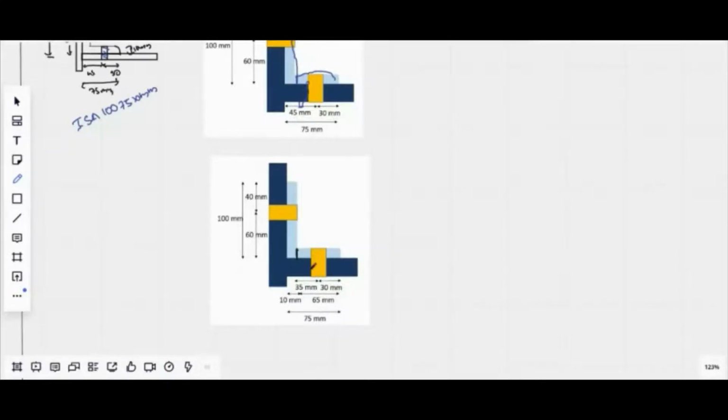The length from here to here, which is about 45 mm, as the thickness of the angle is 10 mm, I am calculating the length from this portion, which is about 35 mm. I am assuming that I cut the portion, unfold the angle and make it a plate. Or you can also calculate the center to center distance from the angle.